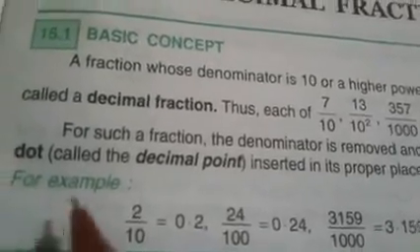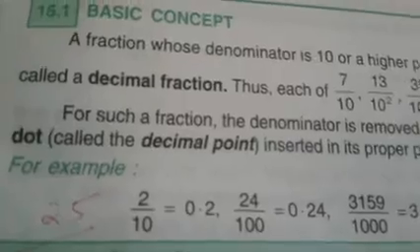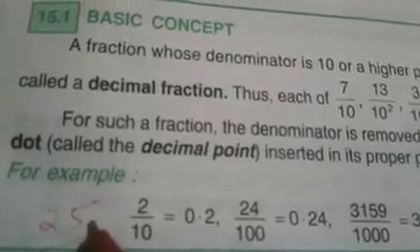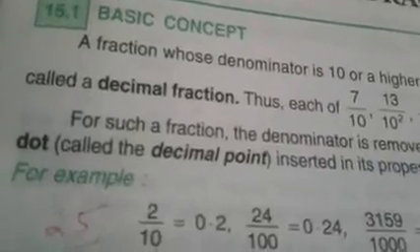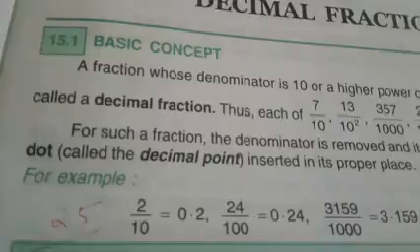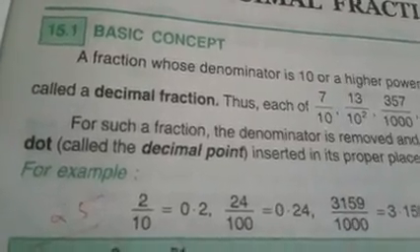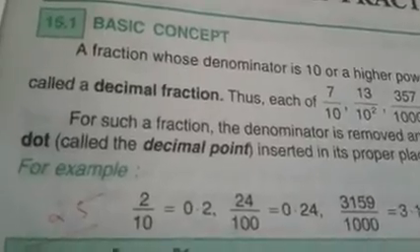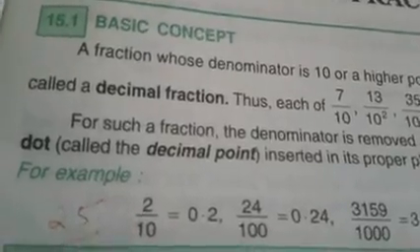Okay, means when I write 25, we have to assume that the point is after 5. It is not shown, but we have to consider it, like how we do not write a raised to 1. We write only a, but we know that it is a raised to 1. Right? So 25 can be written as 25.0.